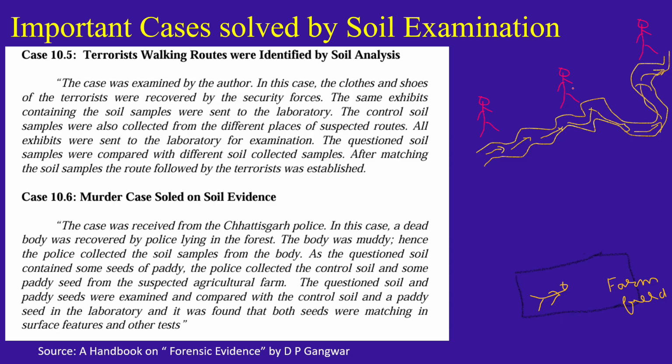In one case, we identified the path of a terrorist walking nearby a river. The sample from the shoes or clothes was collected, and samples from the different or other suspect places were collected as control samples. We analyzed and found that the questioned sample found on the shoes or clothes was similar to this site. So I identified the path of the terrorist walking.